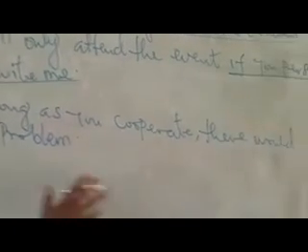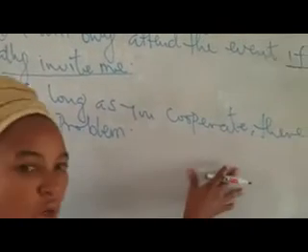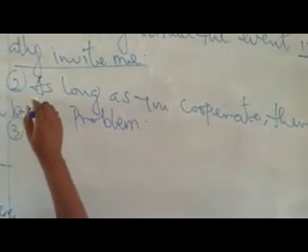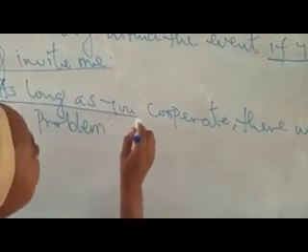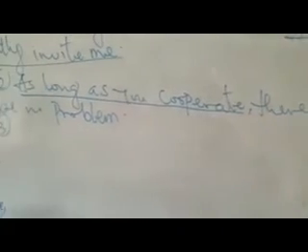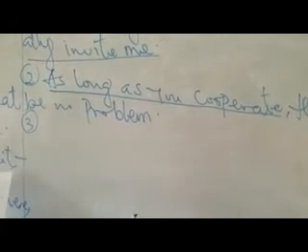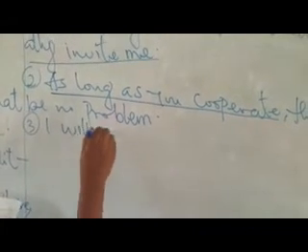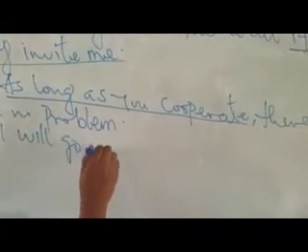Now, sentence 2 here says, as long as you cooperate, there would be no problem. As long as you cooperate. Cooperate to what? That's the question you should ask yourself. Okay, now we underline this as our adverb clause. Now, sentence 3 here, which is the last, says, I will go wherever you go.